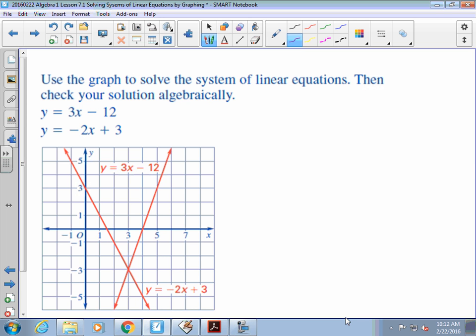It says use the graph to solve the system and check the solution algebraically. As we look at these two equations, that is the intersection. So take 45 seconds and plug in that point and see if you get a true statement for both of those equations.